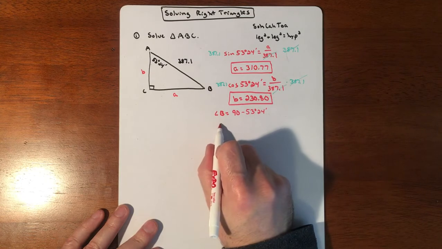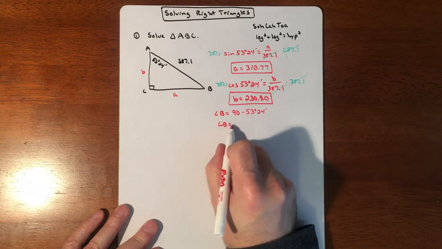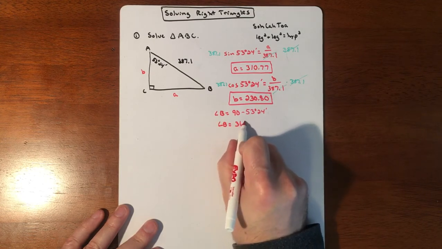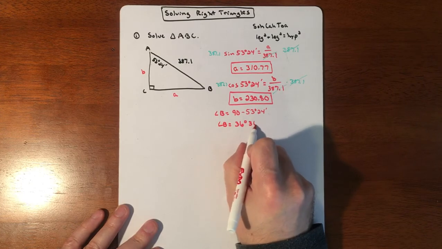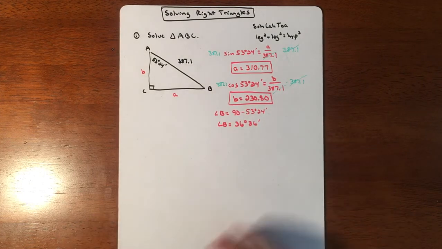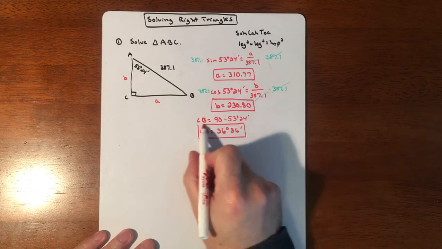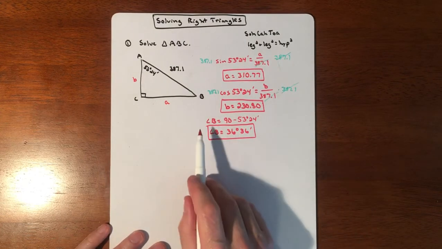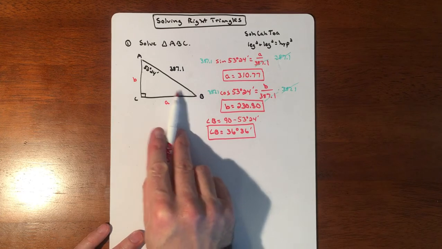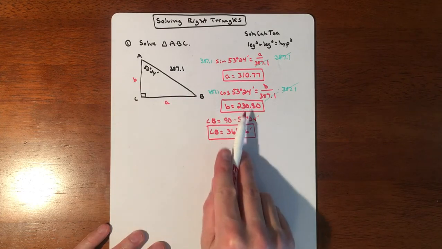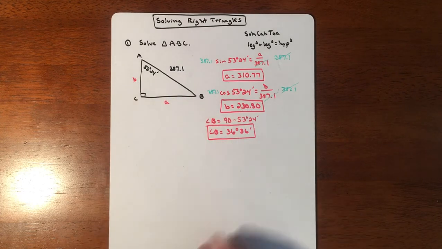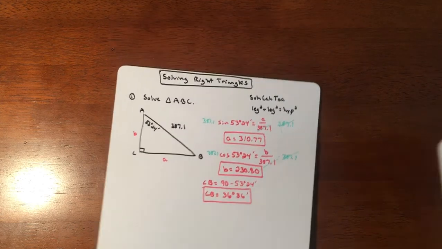If you did, you get angle B equaling 36 degrees, 36 minutes. One real quick check is, this is the smallest angle. This should be the smallest side, and that ends up being exactly the way it looks. All right, we got one last.